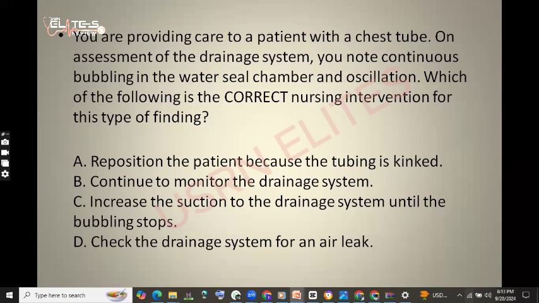When you were talking, you said with the chest tube, when it's continuous, so I made it CC, chest tube, continuous bubbling. And suctioning, I made it CS, suctioning. Oh, I've forgotten, but the answer is B. I chose B.